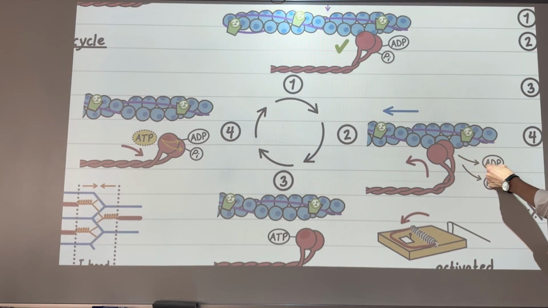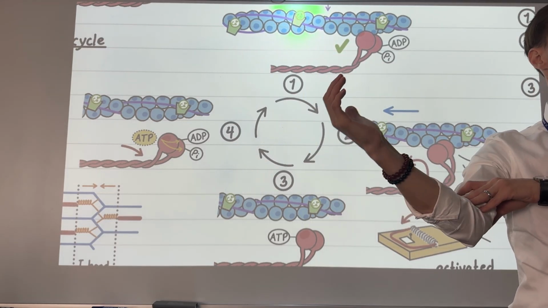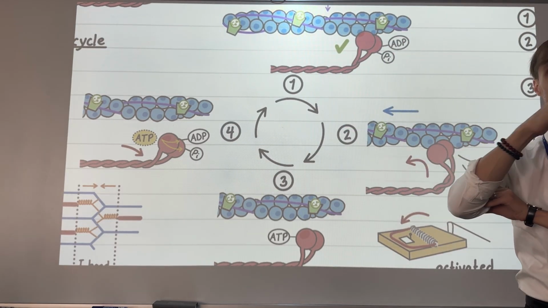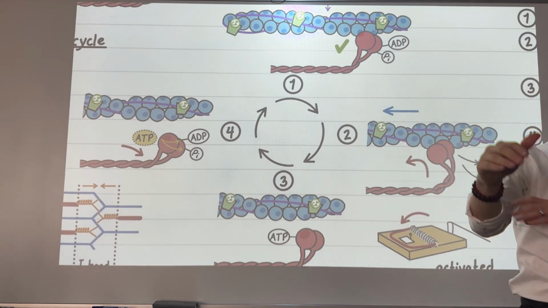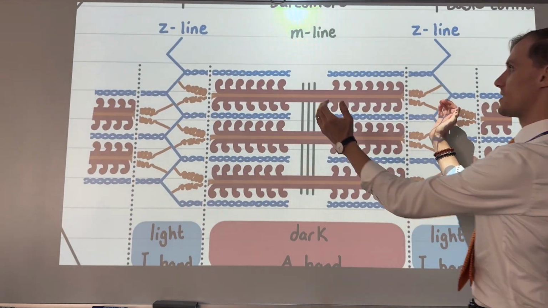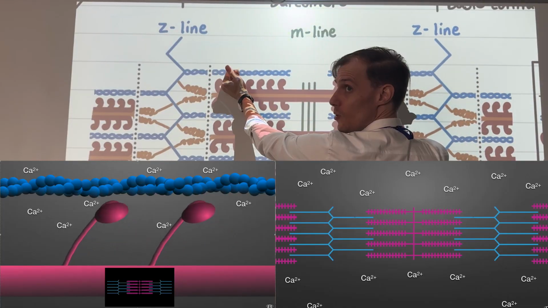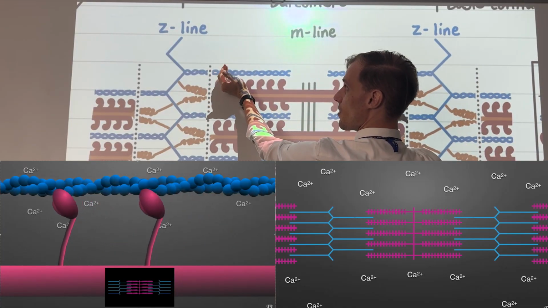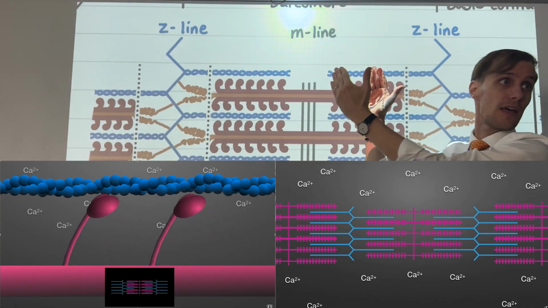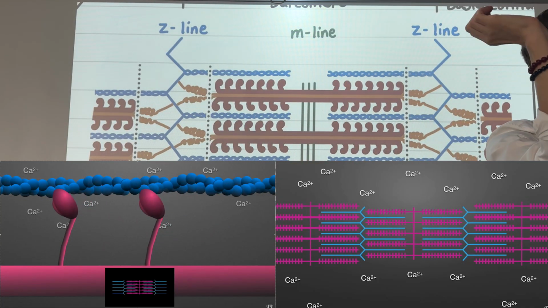As ADP and inorganic phosphate unbind, this myosin is literally going to pull almost like a ratchet on actin. This is going to physically move this Z line in. So as the myosin literally does this, the Z lines come in, if that makes sense. So it's almost like a ratcheting motion.